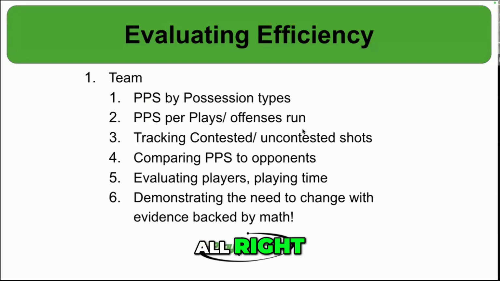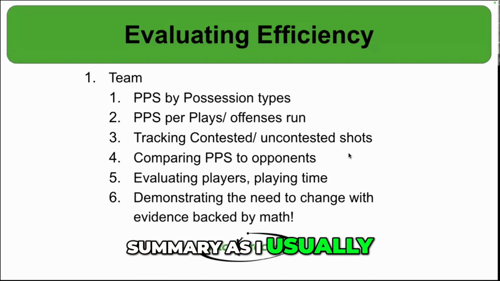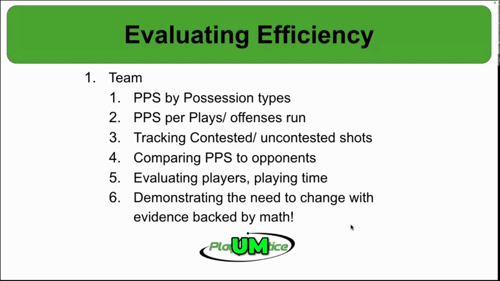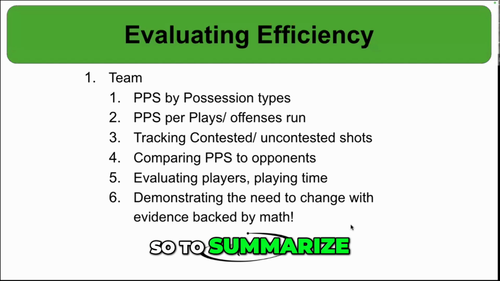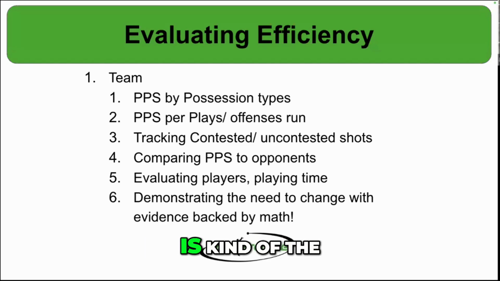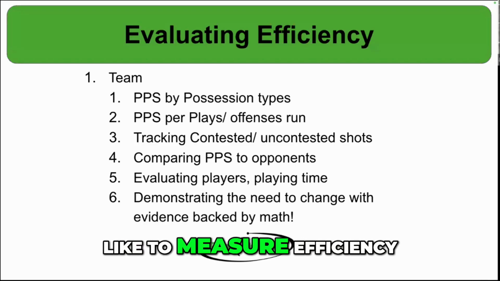All right. That was the end of my slide. I didn't put my summary as I usually do at the end of this one. So to summarize, points per shot value is kind of the simplest way that I like to measure efficiency.